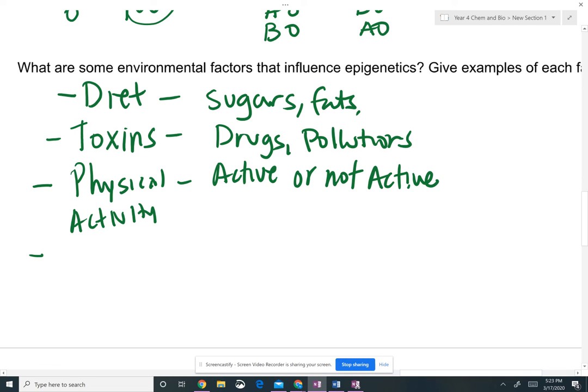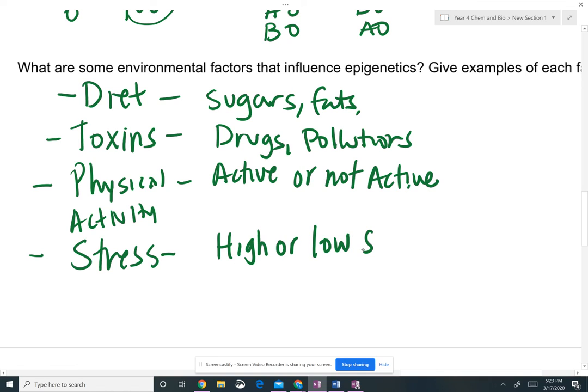All of these things can influence you long term. But one of the things you have to remember is that you can change these things. And then stress is another thing, whether you have high or low stress. So those things are both things that you can do.